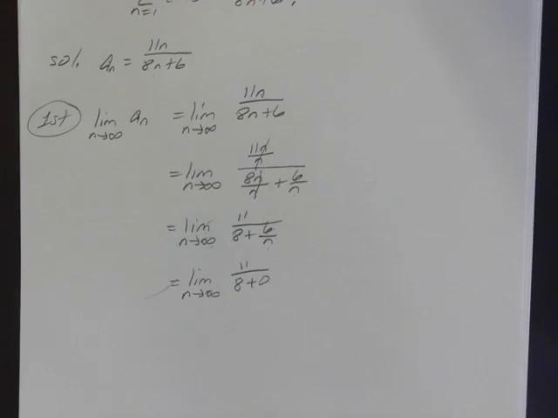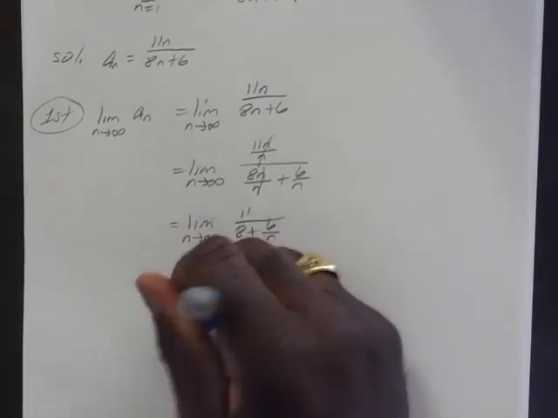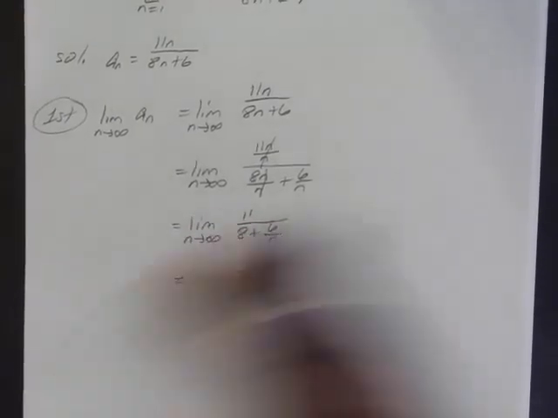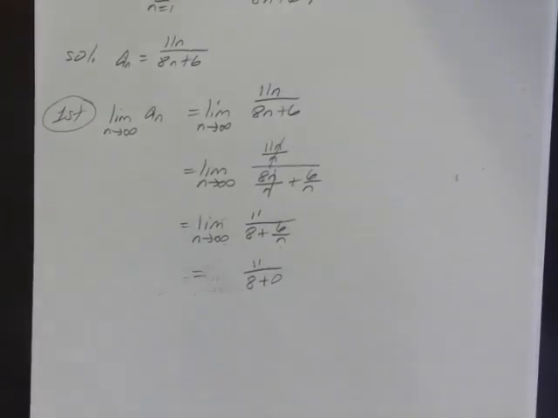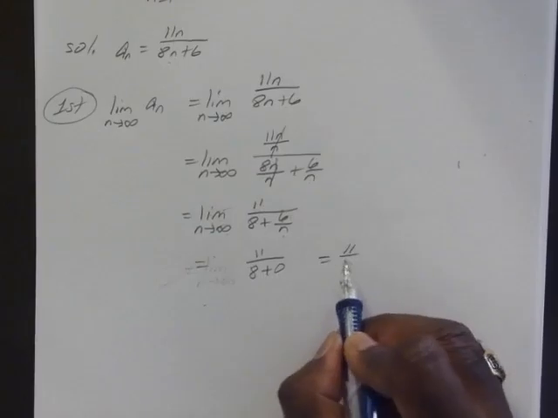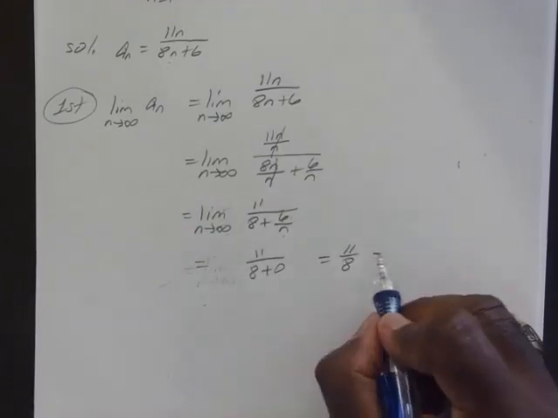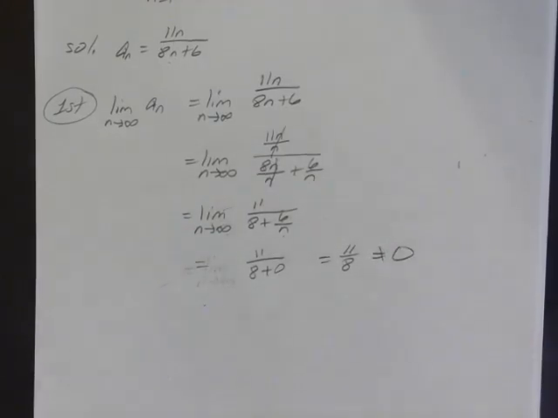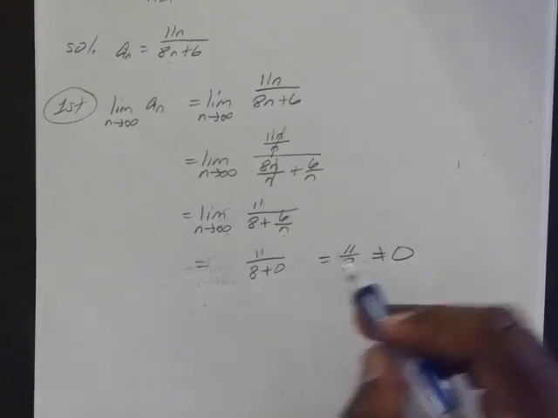So we actually didn't need the limit anymore after we applied it to each term. So it's just 11 over 8. So this limit does not equal 0. It doesn't tell us anything other than the fact that we can't use the alternating series test.